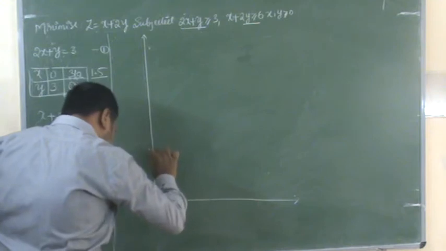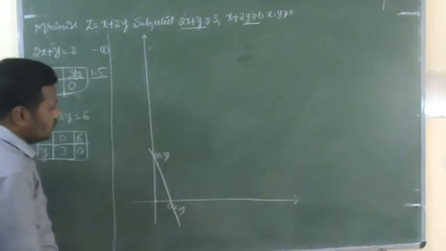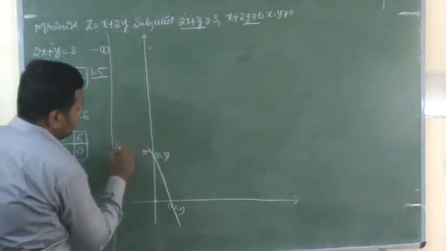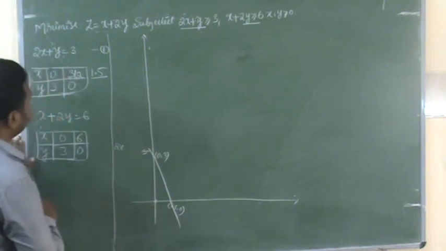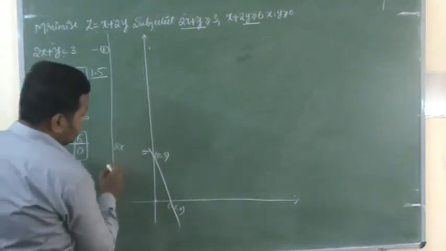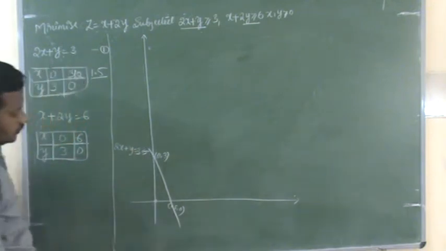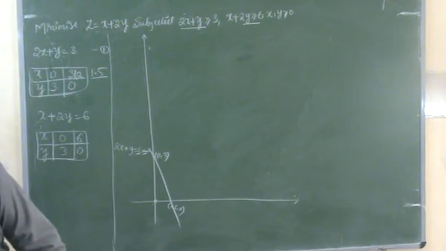Draw a straight line joining these two points. This is the equation of the line, 2x plus y is equal to 3.